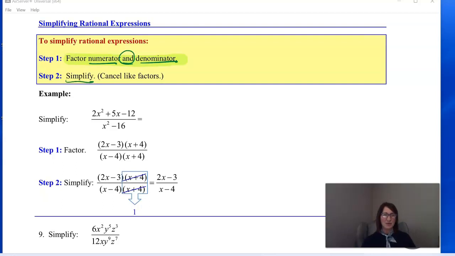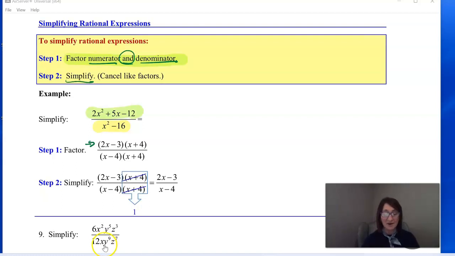All right, so for this first example, I'm going to use two different colors here. If we take the numerator, 2x squared plus 5x minus 12, it's going to be factored into 2x minus 3 times x plus 4.